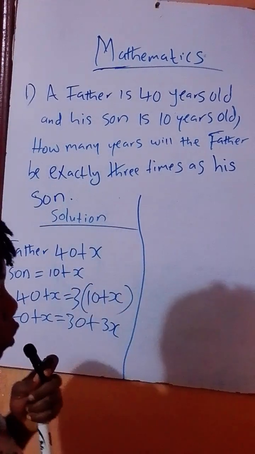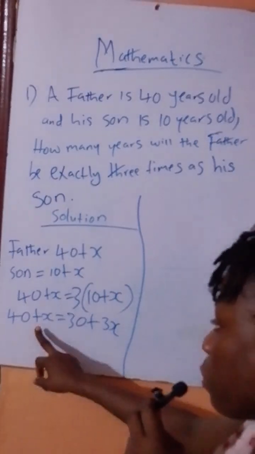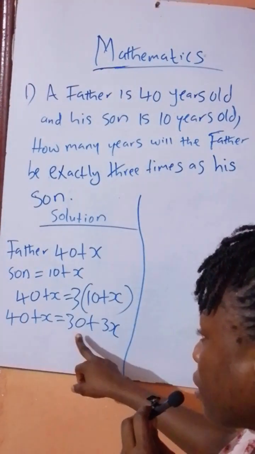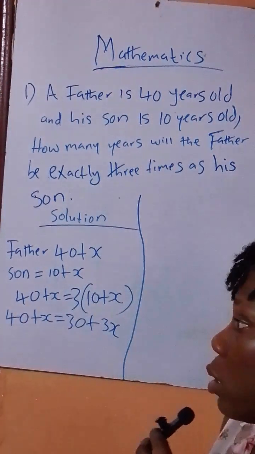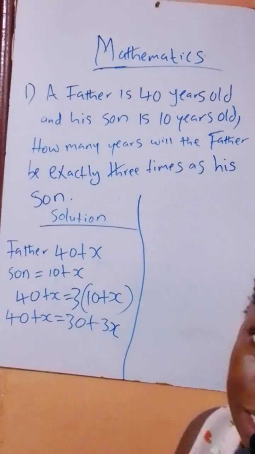The next thing we are going to do is collect the like terms, because we have 40 plus S equals 30 plus 3S.